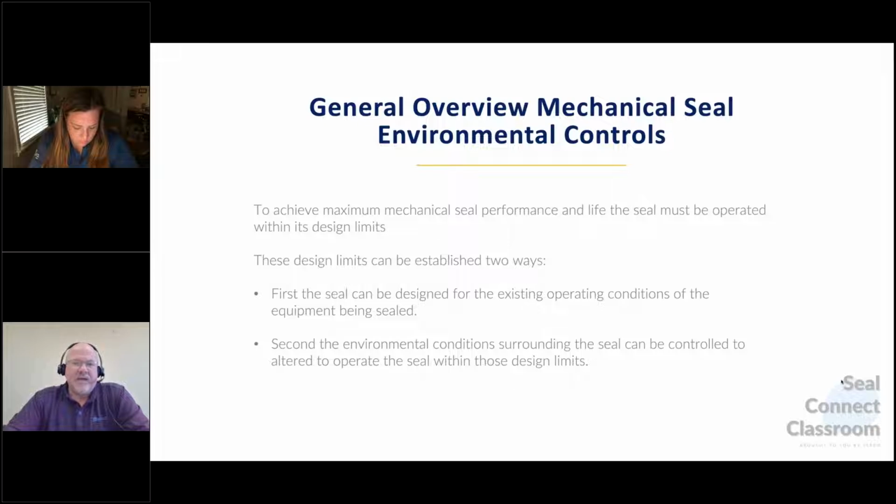You may have to do things to create a good operational environment for the seal so the seal will run in its design operating condition. You can't do things with off-the-shelf standard seals that they're not designed to do. And some of the discussions we're going to have today are how to set up the proper cooling and cleaning environment for that seal to get the maximum reliable performance out of it.